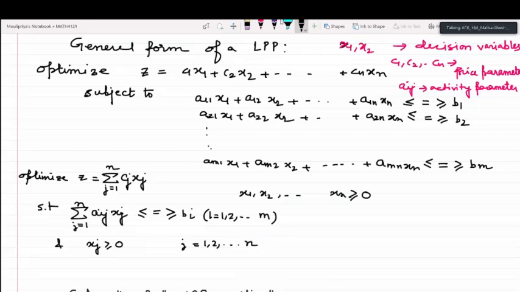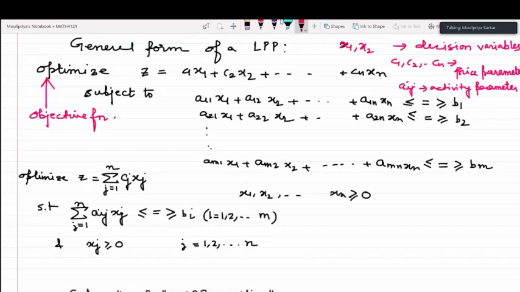Yes, ma'am. This, the first thing that I wrote, is very important. What we are to maximize or minimize is said to be the objective function. Now let me tell you one more thing.